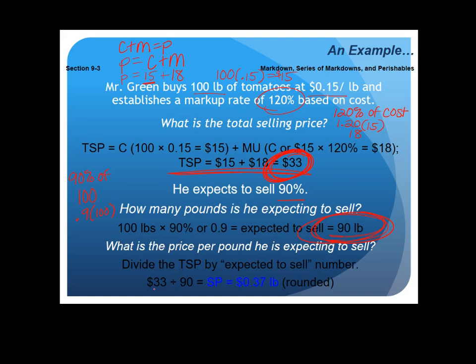So I'm going to take 33 and divide by 90, and that gives 37 cents per pound. So he's expecting to sell it for 37 cents a pound when he bought it at 15 cents a pound. Not too shabby.